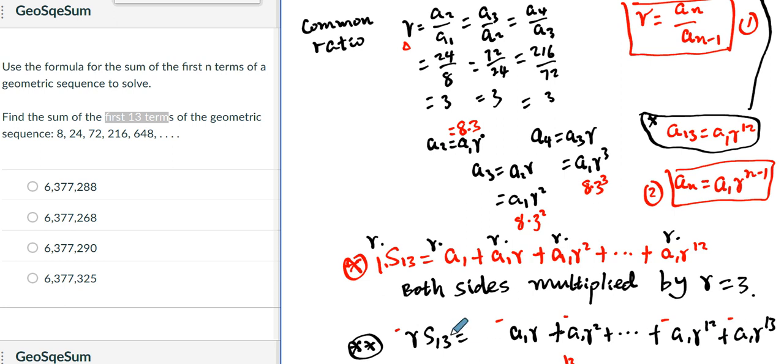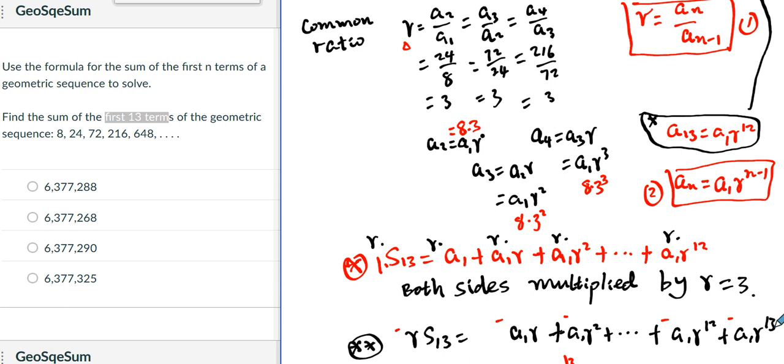What do I get? I put all the negatives in front of this black expression. I can see this term will cancel this term. This term will cancel this term. And this term will cancel this term. So only the first term, A1, and the last term, the red one, A1 times r to the 13th power, are left.